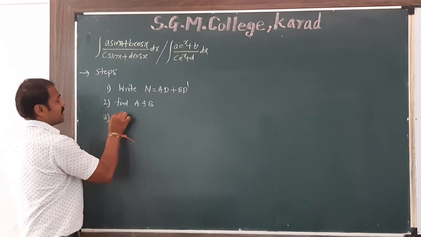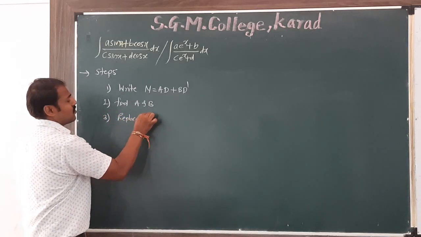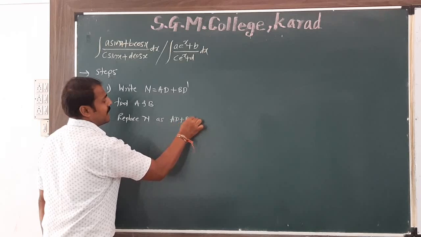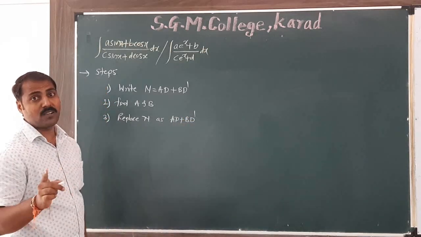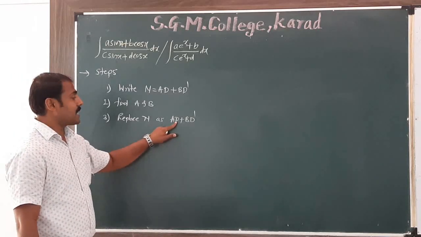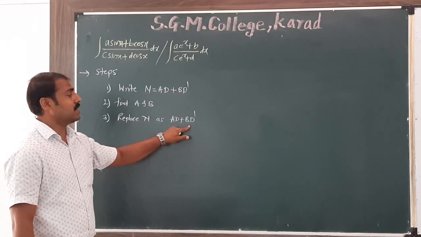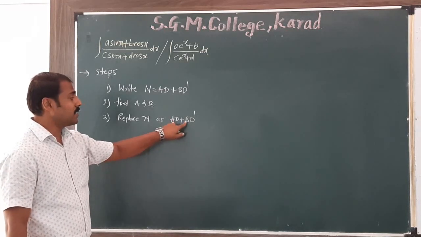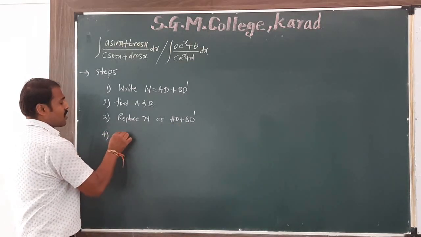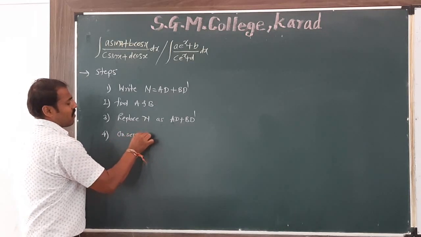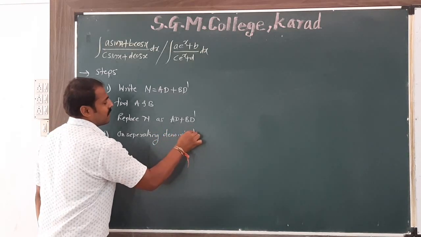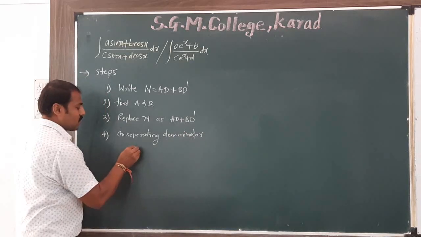Third step is replace the numerator in the given integration as A D plus B D dash by putting the values of A and B. Replace the numerator in the given integration as A into denominator plus B into derivative of denominator by putting the values of A and B. And fourth step is on separating the denominator, we get two types of integration.